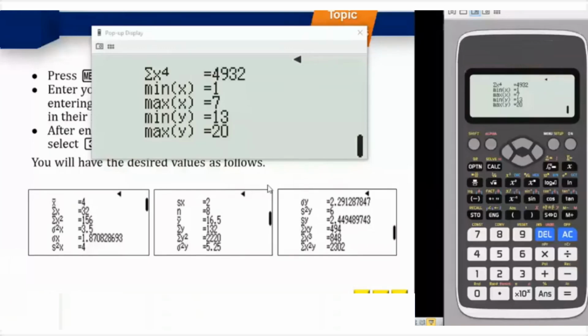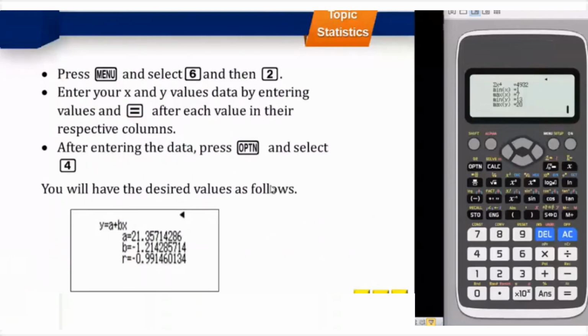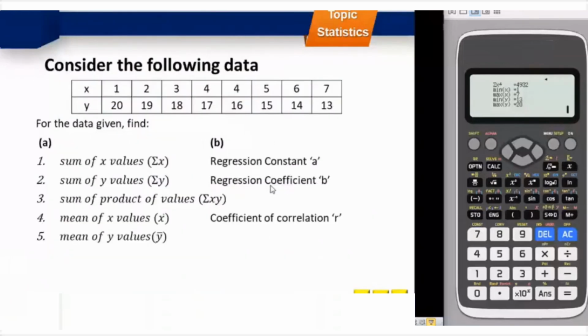So when we have two sets of data, we can also find the regression constant A, the regression coefficient B, and coefficient of correlation R. This is sometimes required in exams where you need to tell how the correlation between the two sets of values is.